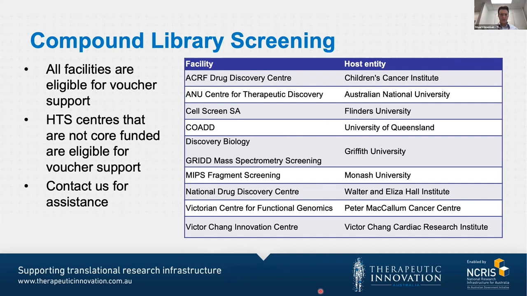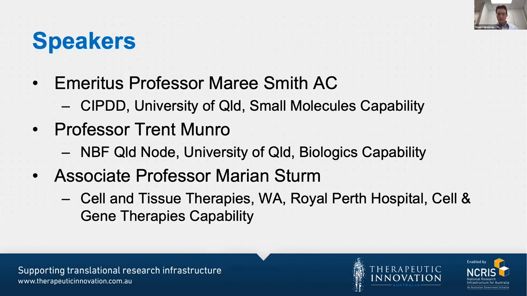Okay, so I'd like to move on to our next speaker and introduce Professor Trent Munro, who's the director of the National Biologics Facilities Queensland node, and senior group leader at the Australian Institute for Bioengineering and Nanotechnology at the University of Queensland.